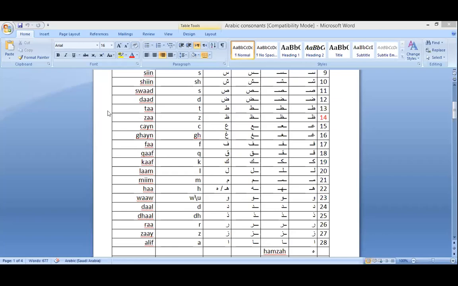We said there are some letters. For example, let me begin from here. How do you pronounce the first letter? And the second one?